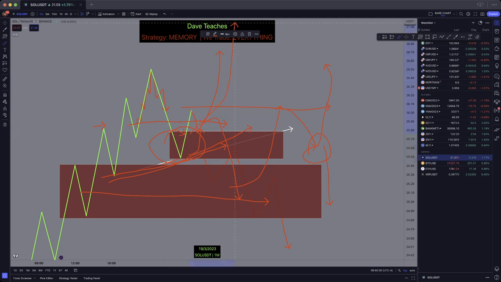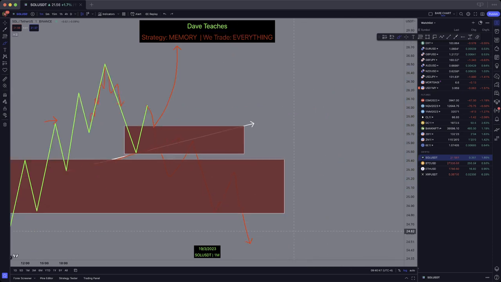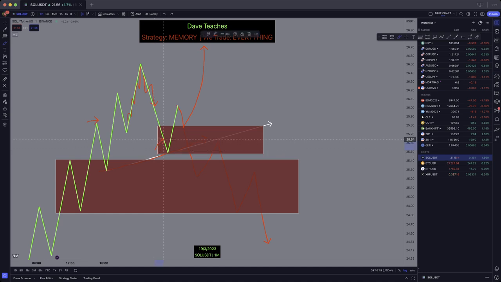This is what your bias was. This is what price did. And your bias was formed that way just because you saw a 1 minute flip in here, not even understanding how true order flow works.